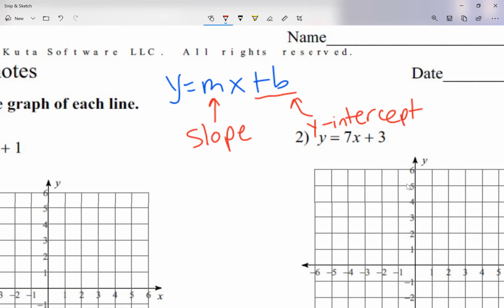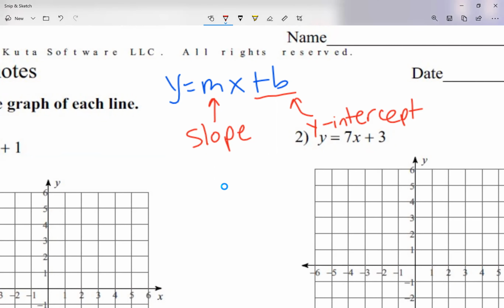Now, some of you might be wondering why there's an m for slope, since slope doesn't start with an m. Why don't we use the s? Well, mountains have slopes. That's actually where this comes from: the slope of a mountain, the inclination of a mountain.